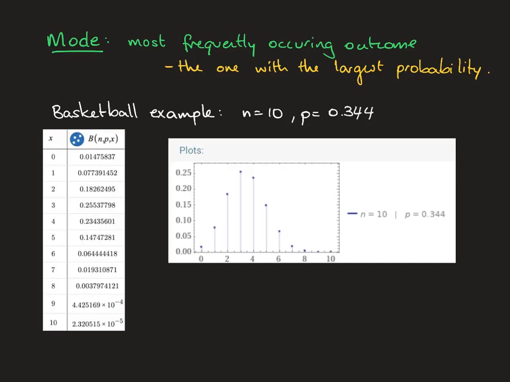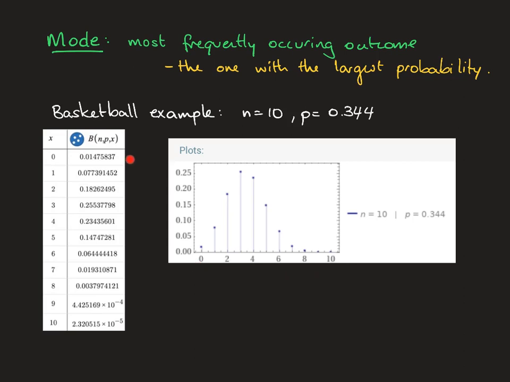So the final measure of centre is the mode, and so the mode is the most frequently occurring outcome. It's also the one with the largest probability. So if we use our basketball example with 10 trials and a probability of success of 0.344, we can find the mode from the table of probabilities and from the plot really quite simply.